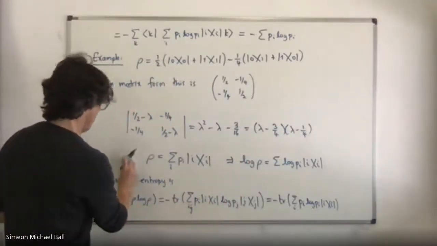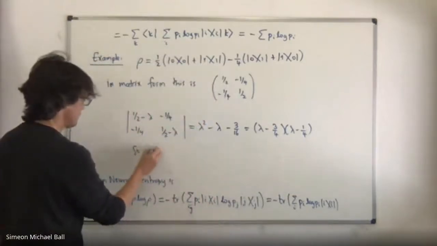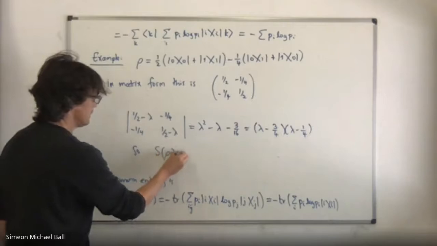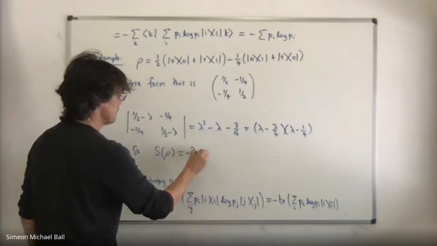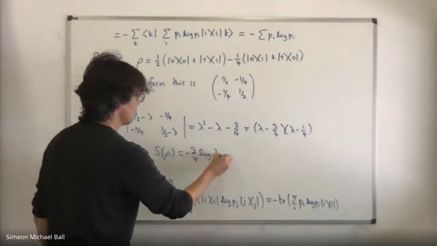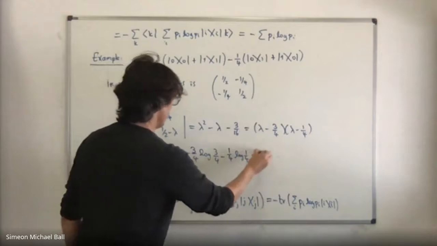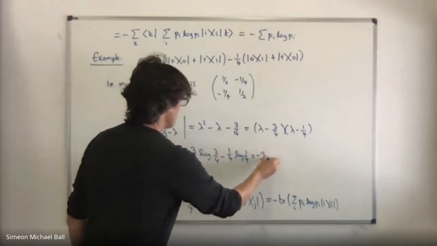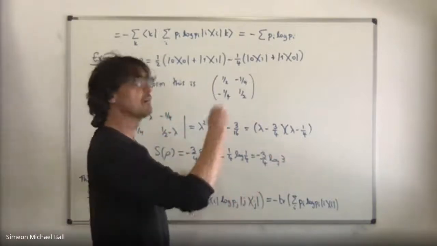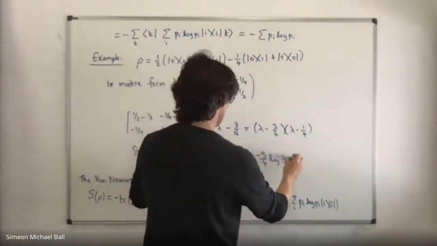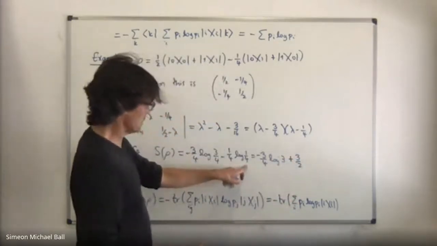So we have that. The entropy of this density operator is simply 3/4 minus something. And you can probably simplify this thing now. The log of 1/4 is going to be -2. And this is going to be -2 again.